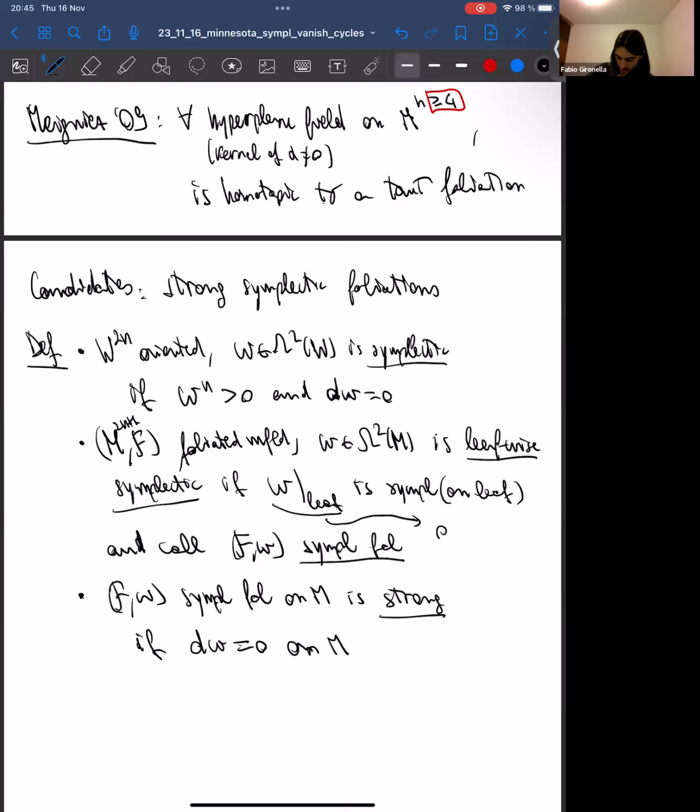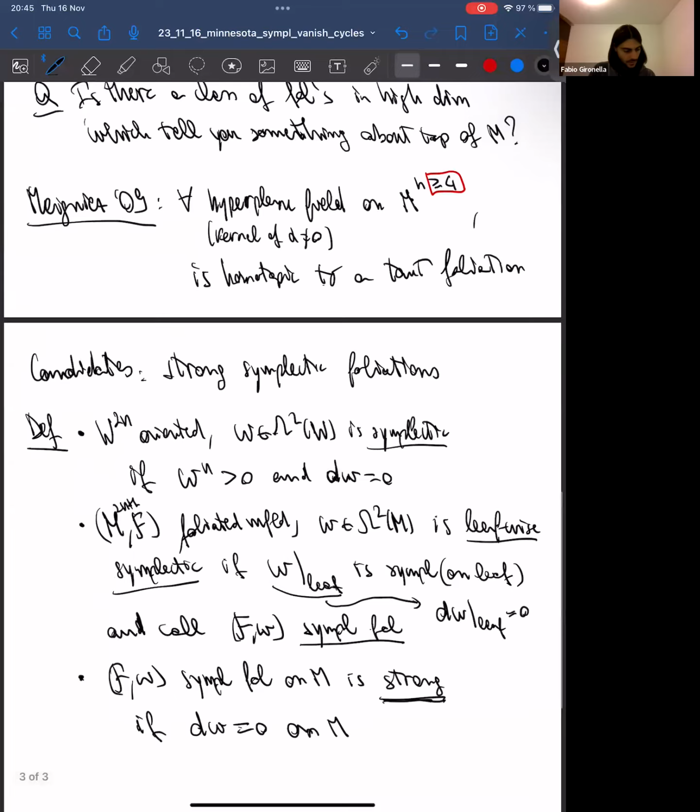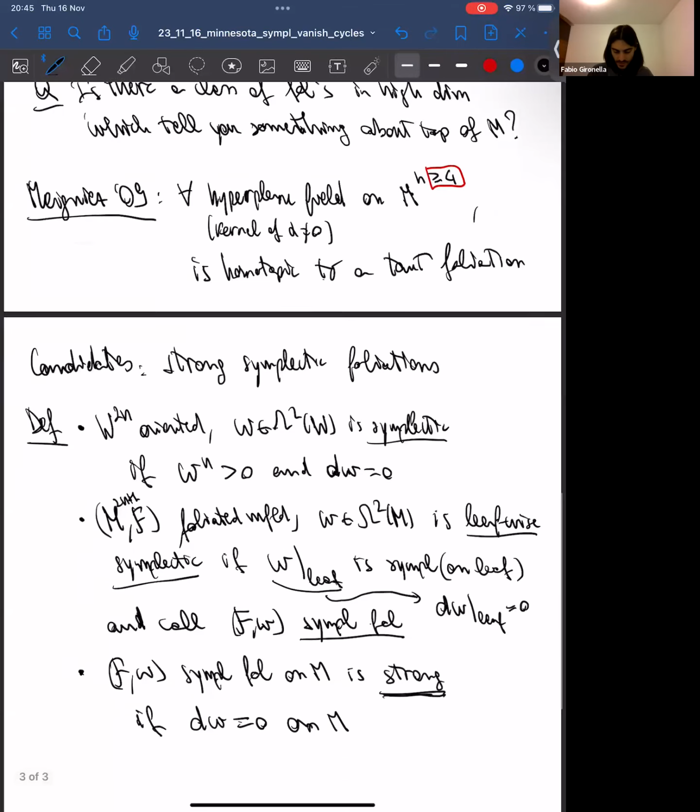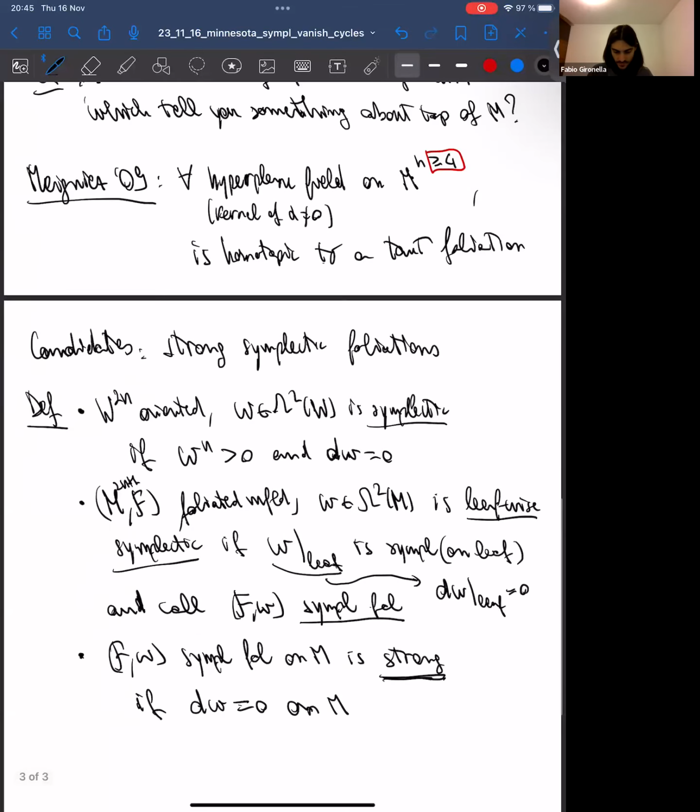So that just means that d omega restricted to the leaf is 0, but it need not be 0 in the transverse directions. This is really an additional assumption that you're making here. Okay, so these are the objects that we look at.